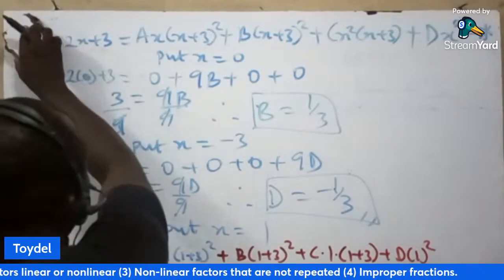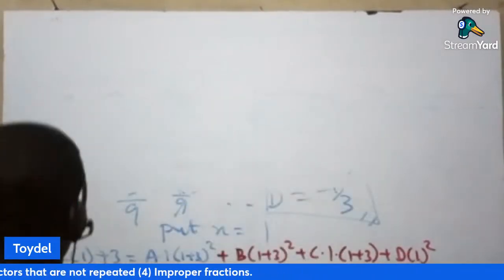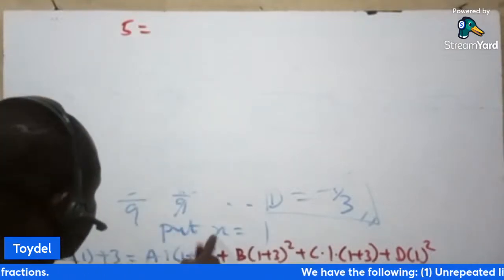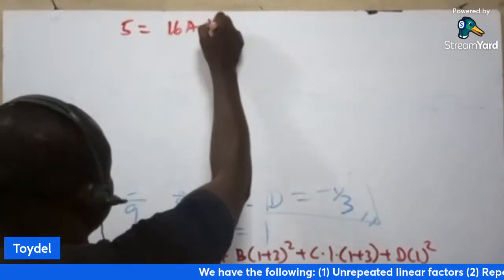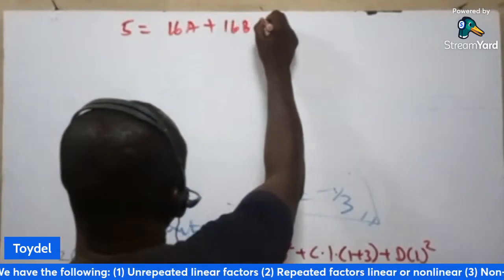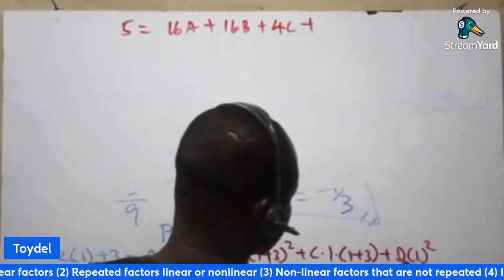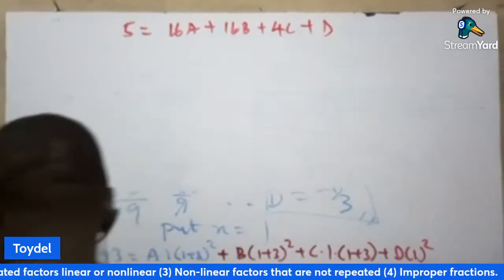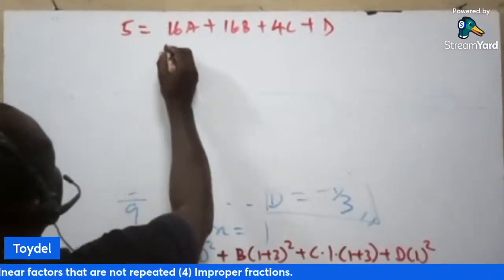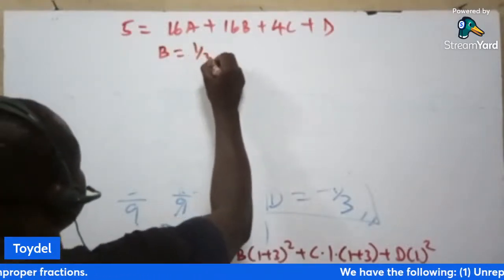So from there now, we are going to have 2 times 1, that we are going to have 5 to be equal to 1 plus 3 is 4, 4 squared, 16A, plus 1 plus 3, 4 squared, 16B, plus 1 plus 3, that's 4C, then plus D. But we know B to be equal to 1 over 3, we have gotten that value.